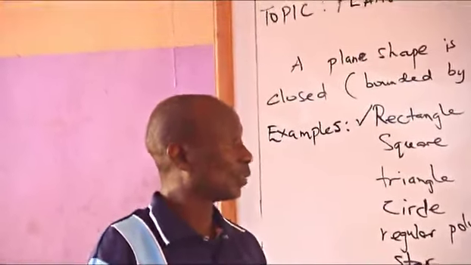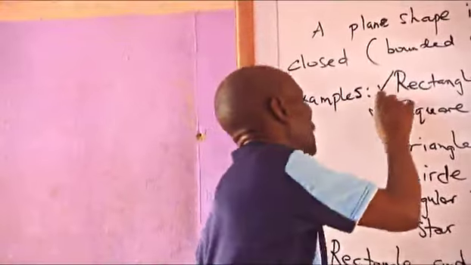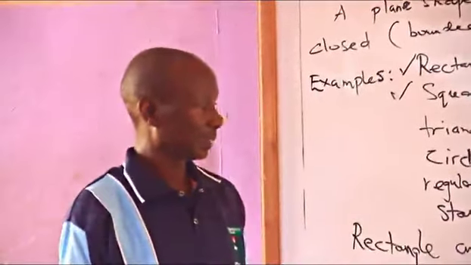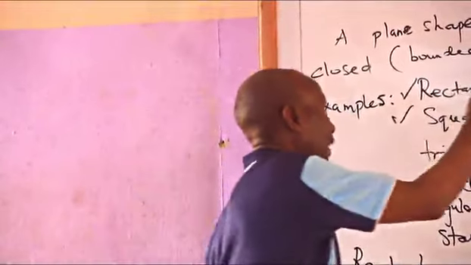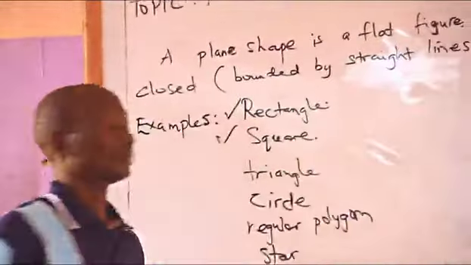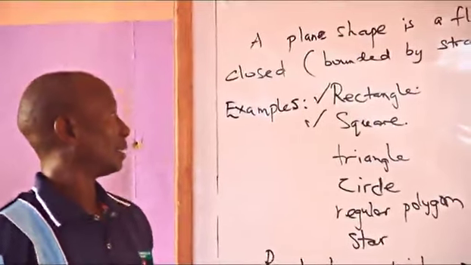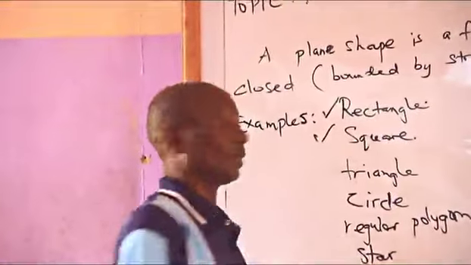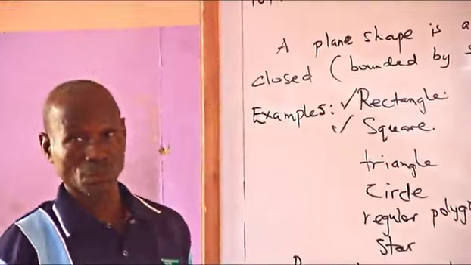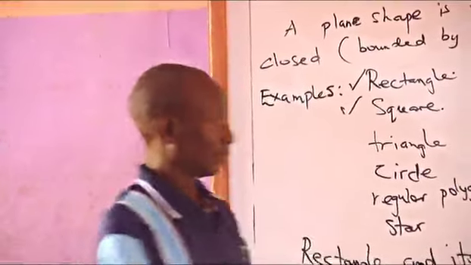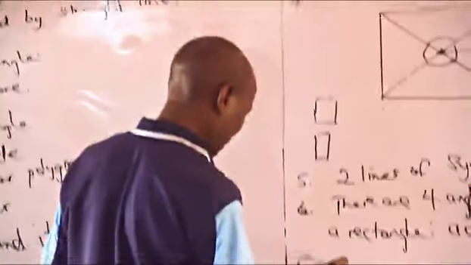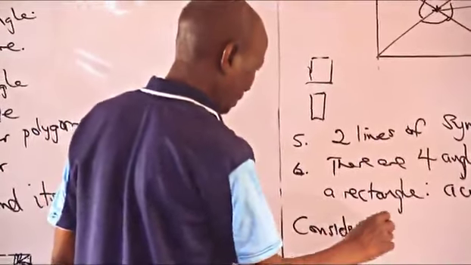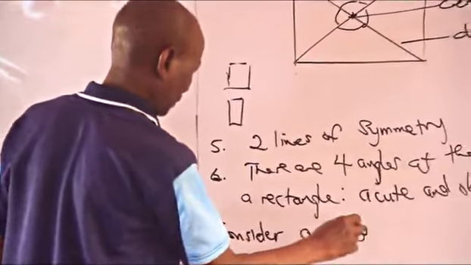The same thing goes with a square. The difference between a rectangle and a square is that a square has all its sides equal. So we have to consider a square.